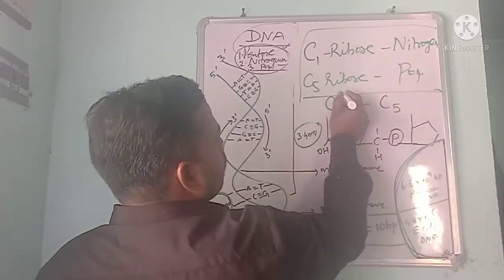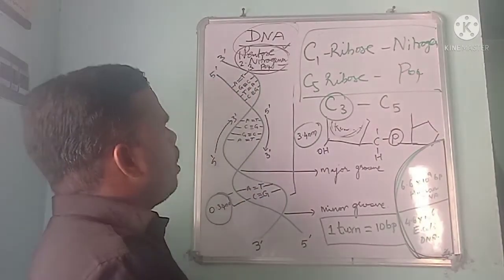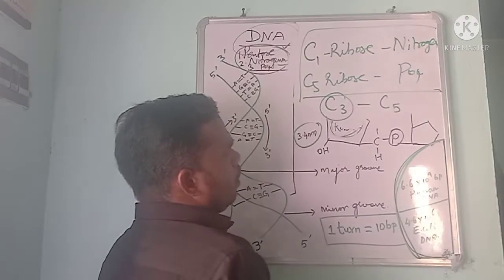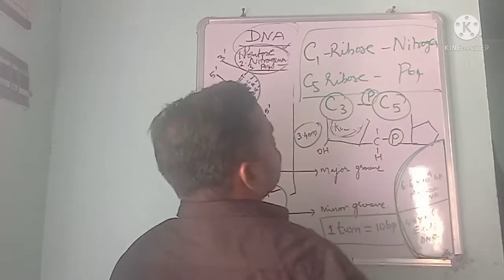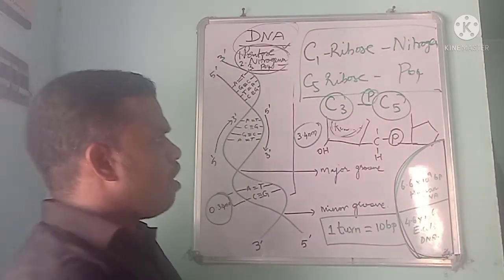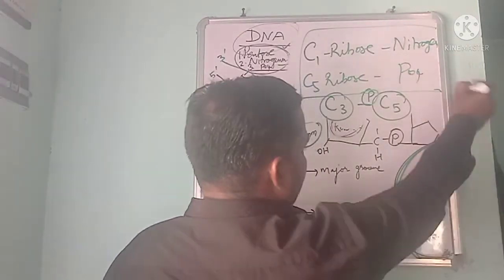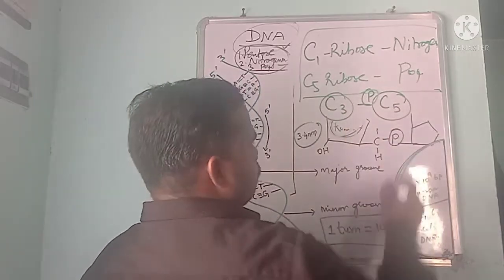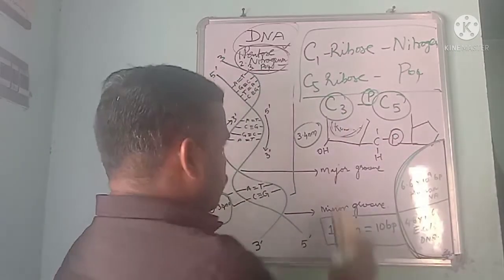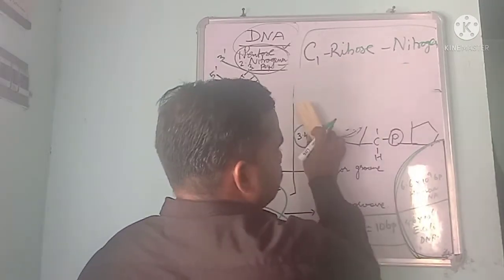The C3 of the ribose sugar of one nucleotide is attached to the C5 of the ribose sugar where the phosphate group is attached. This C3 to C5 attachment is the phosphodiester bond.